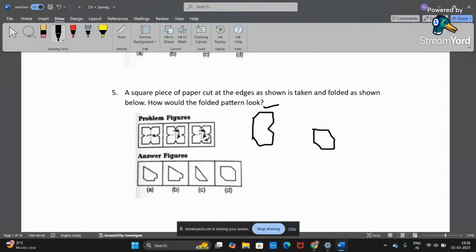Yes, right? We'll get it like this. Again this is folded this side, that means this edge will be on the left side. When it is folded, it comes to the left side. So here there is no edge, even here there is no edge, here there is an edge, and here there is no edge. So this will be the answer.